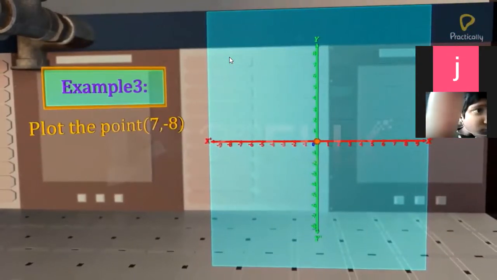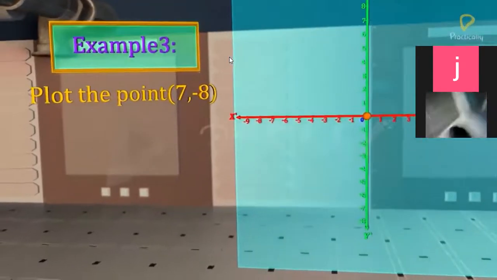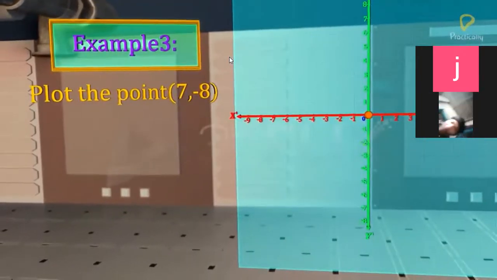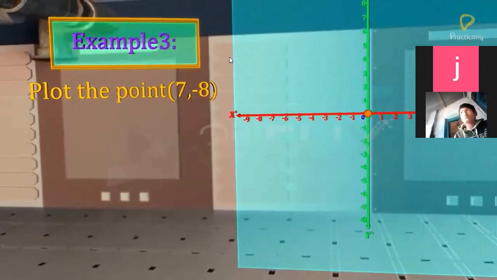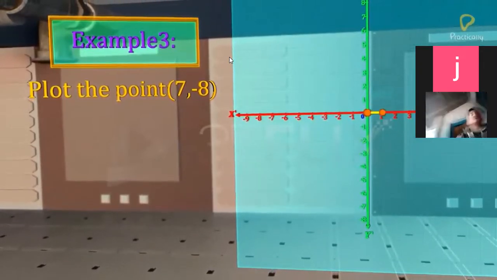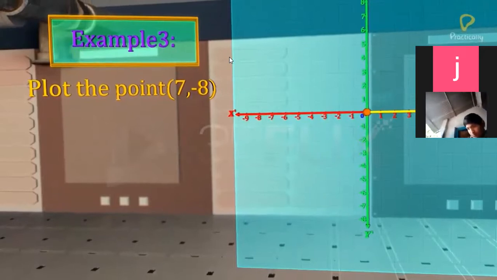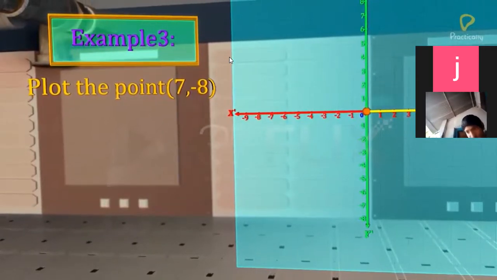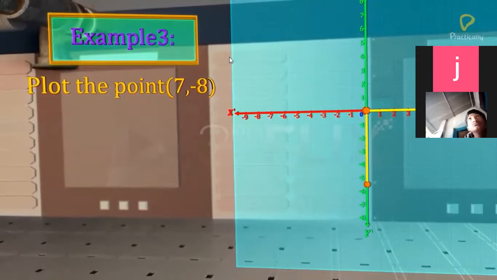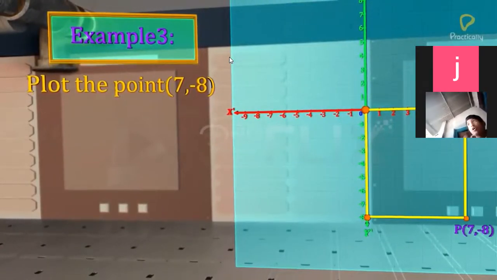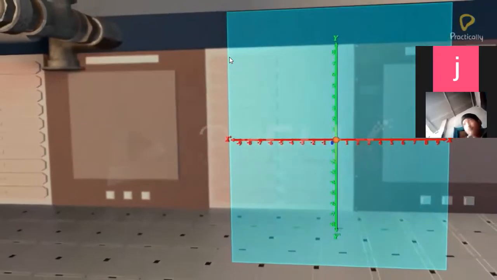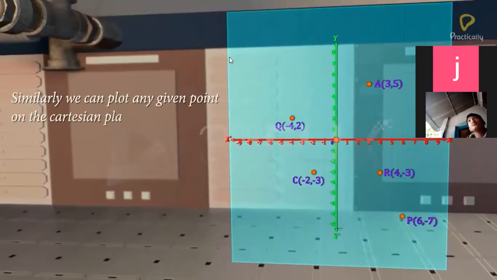Plot the point (7, -8). The x-coordinate and y-coordinate of the point are 7 and -8 respectively. We move 7 units to the right from the origin and then move 8 units vertically down to plot the point (7, -8). Similarly, we can plot any given point on a Cartesian plane.